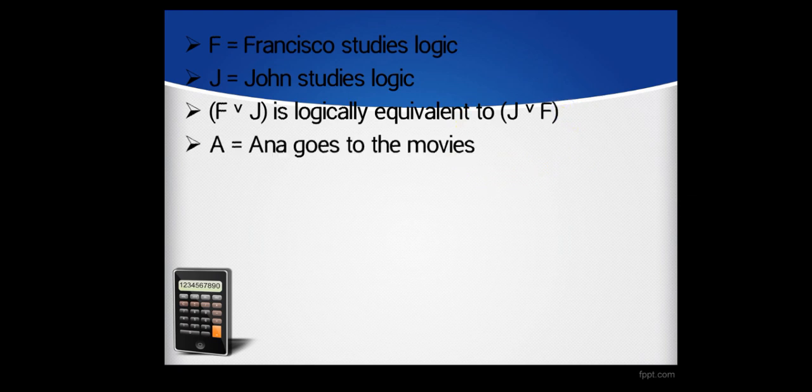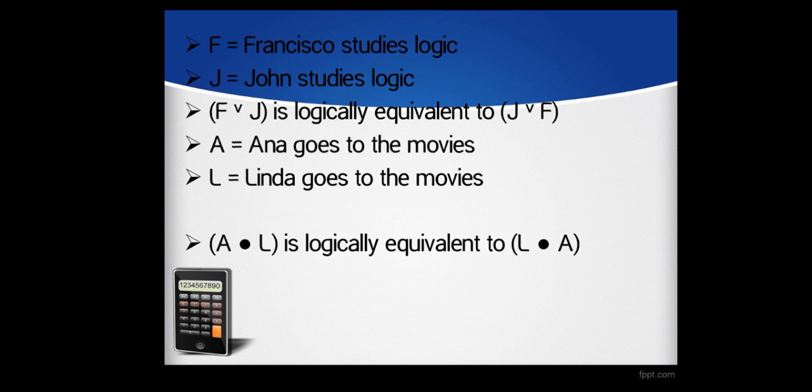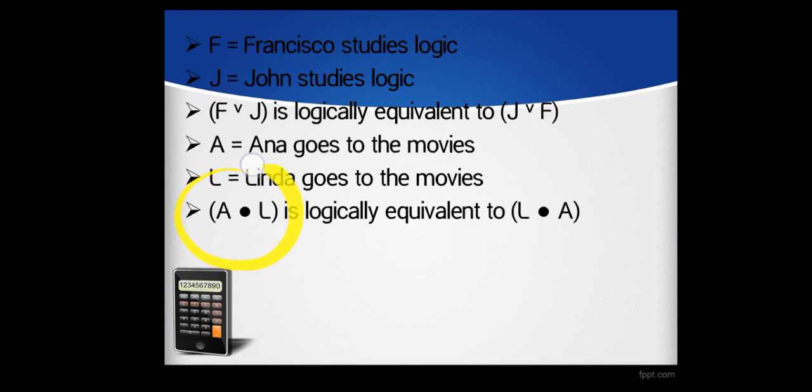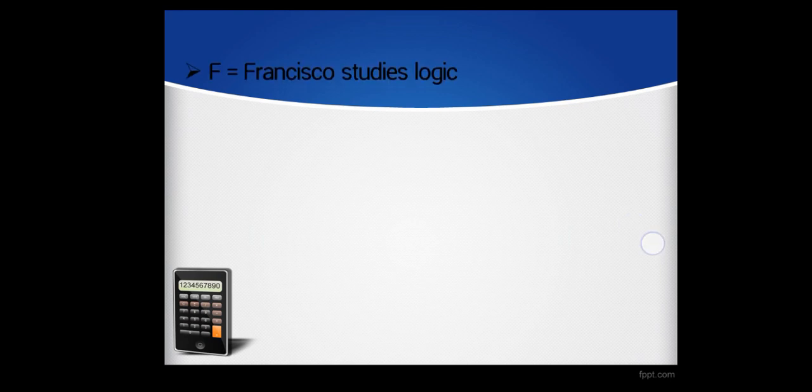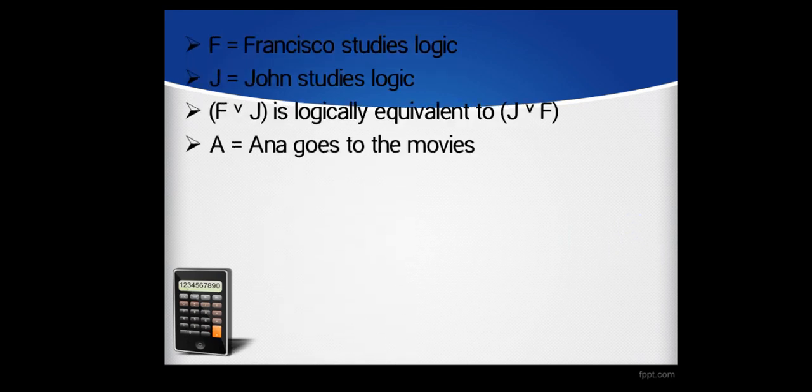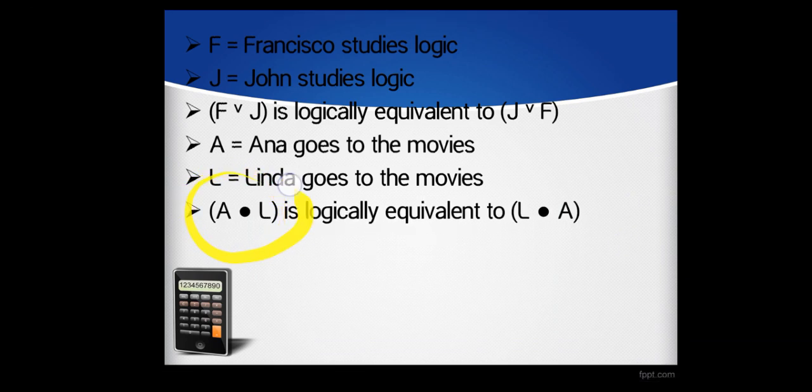And if A stands for Anna goes to the movies, and L, Linda goes to the movies, therefore A and L is logically equivalent to L and A. Anna and Linda go to the movies, or Linda and Anna go to the movies. So that is for the commutation.